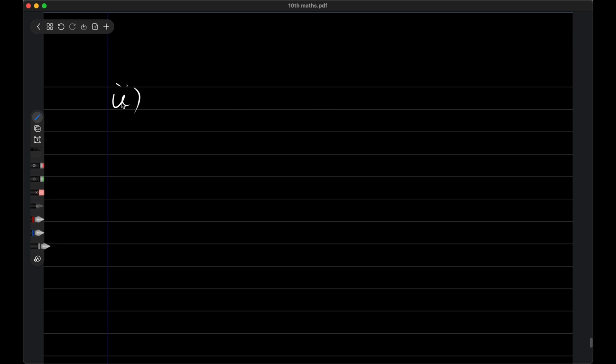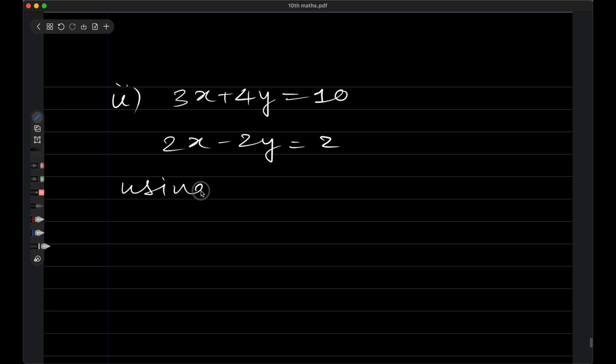The equations are 3x plus 4y equals 10 and 2x minus 2y equals 2. Using the elimination method, let us eliminate y from the equations.